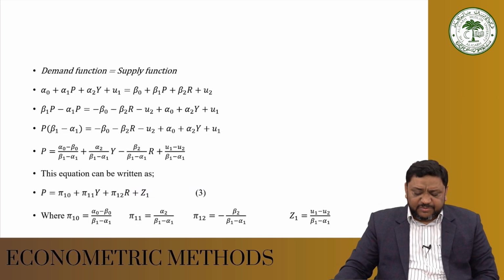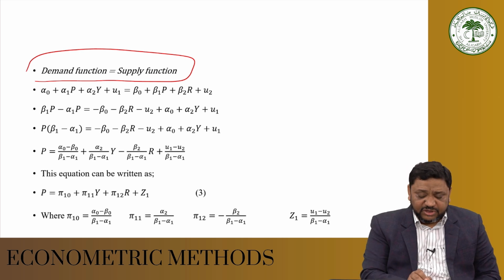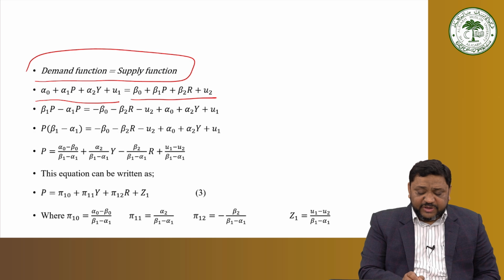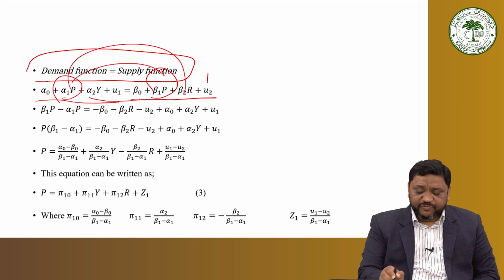So now, in order to estimate, we equate the demand function with the supply function. This was my demand function and this is the supply function. Then we try to bring all the P terms to one side, and the remainder goes to the other side.